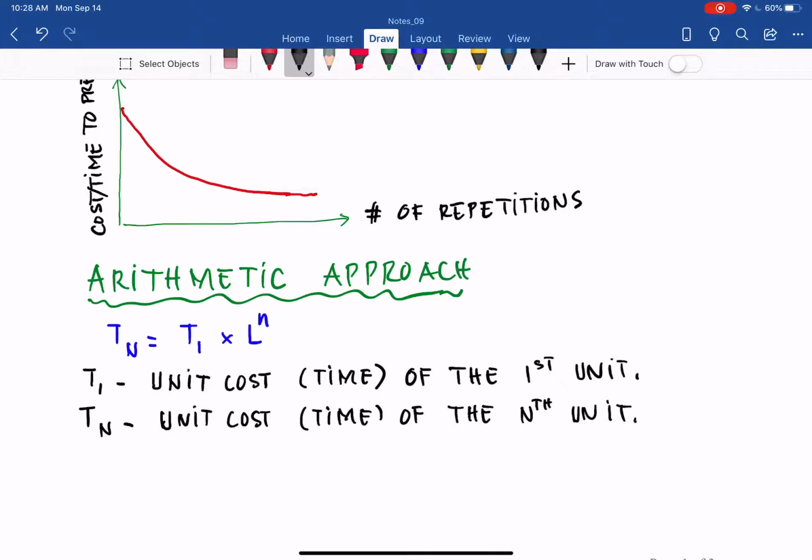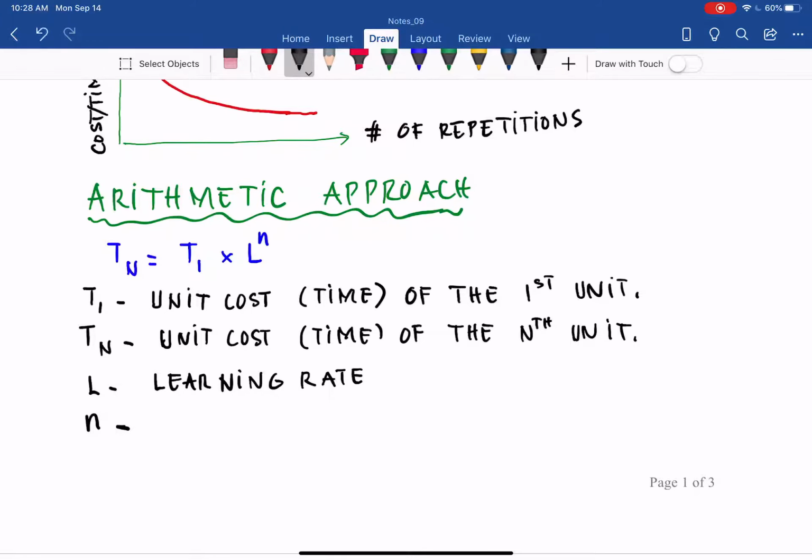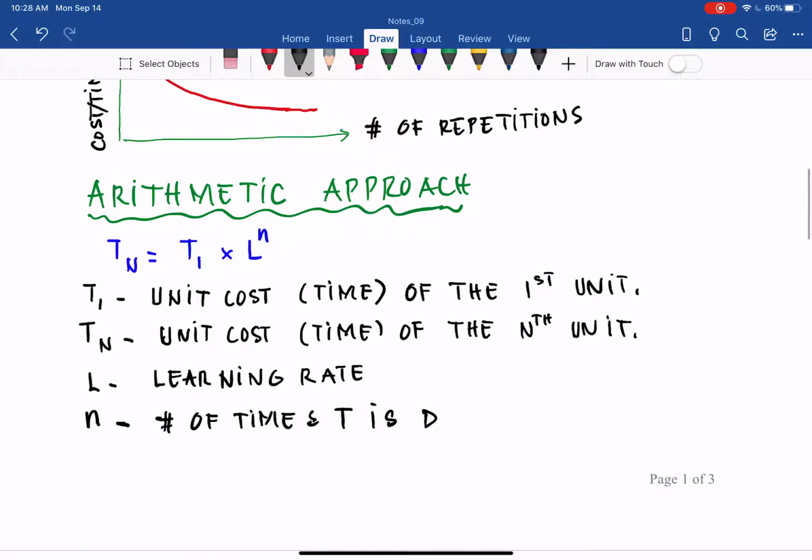And then n, the exponent in that equation, is the number of times the unit count is doubled. So, for example, from 1 to 2 we have one doubling, and 2 to 4 is another doubling.